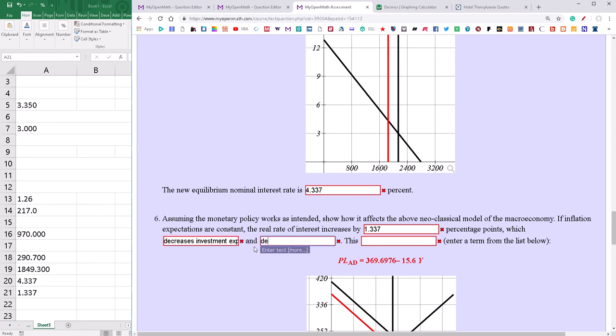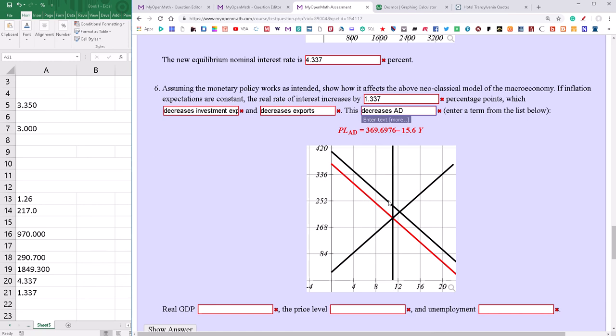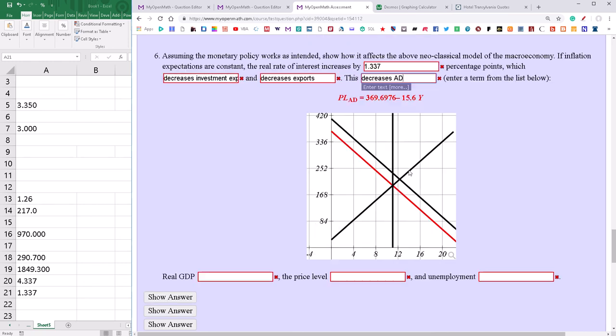It also decreases exports, and all that together will decrease aggregate demand, and you see that down here. Aggregate demand falls. Okay. Now, as aggregate demand falls from this equilibrium point down to this equilibrium point, prices are falling along the short-run aggregate supply curve, and GDP is decreasing.